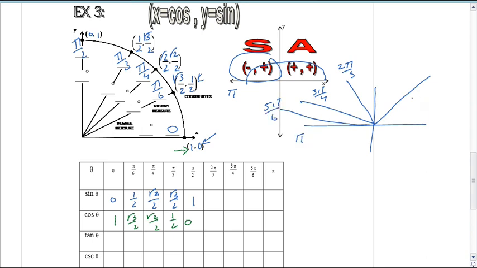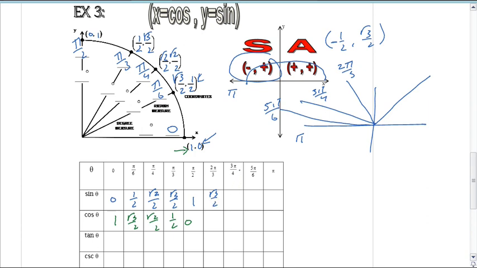Okay, so in terms of ordered pairs, we would just mimic, in this case, 2 pi over 3. The ordered pair would be the same as for pi over 3, which is basically 1/2 comma radical 3 over 2, but my x values are going to be negative. So if I'm looking at the y values, this would just be radical 3 over 2.